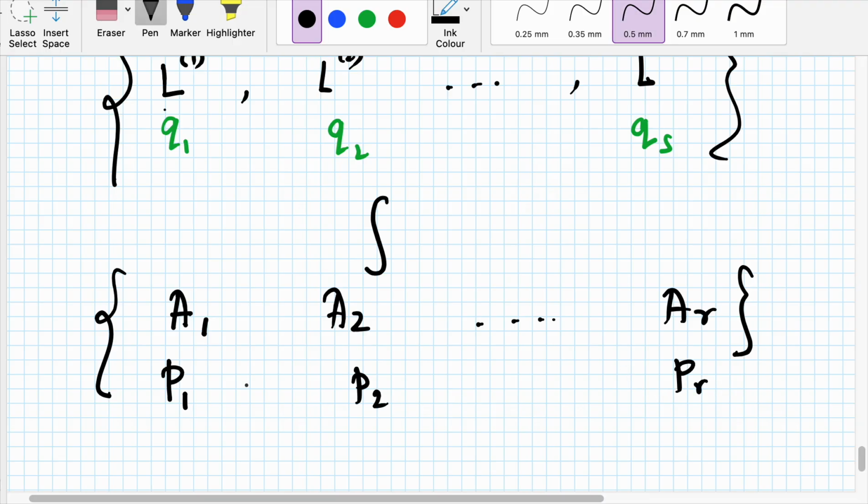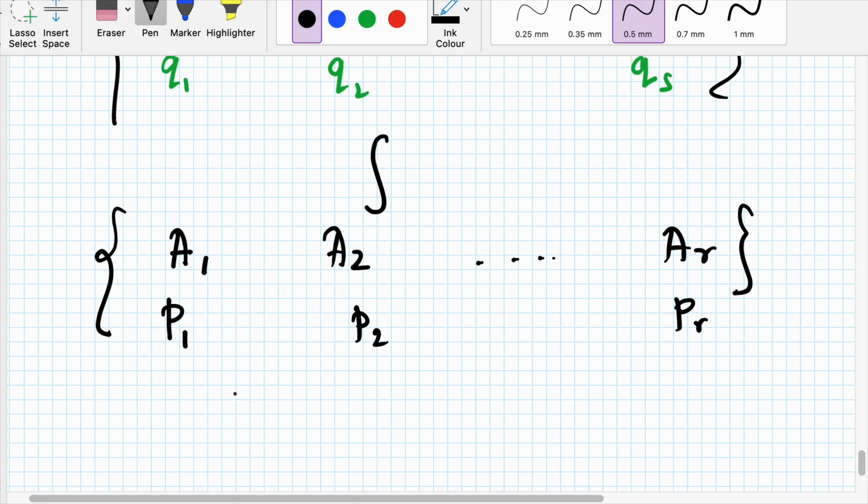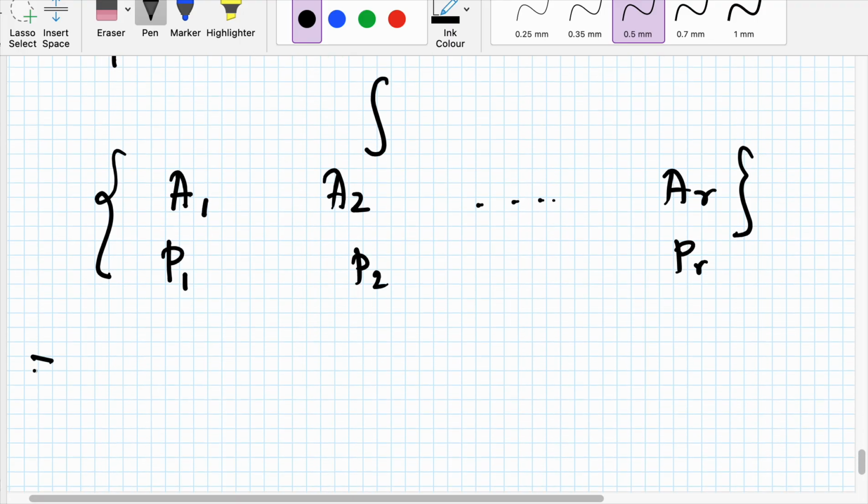Now how will P1, P2, PR be calculated? It will be calculated according to the probability law.